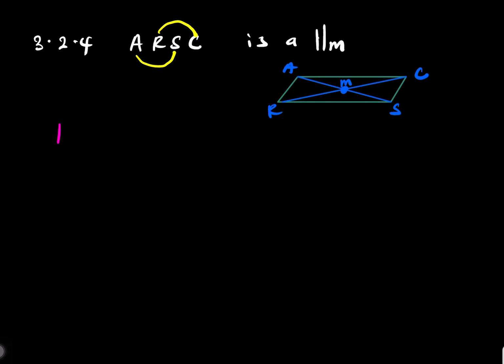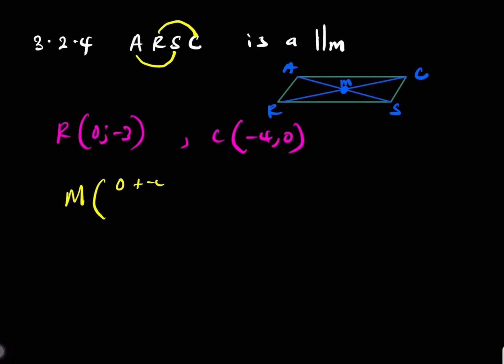Pay attention. I've got R as (0, -3), which they asked for in the first question, and then C was (-4, 0). Let me find the midpoint of this particular line, the diagonal RC. So the midpoint of RC is going to be (0 plus -4) over 2, and then (-3 plus 0) over 2.